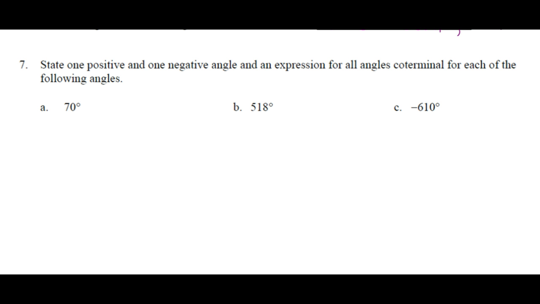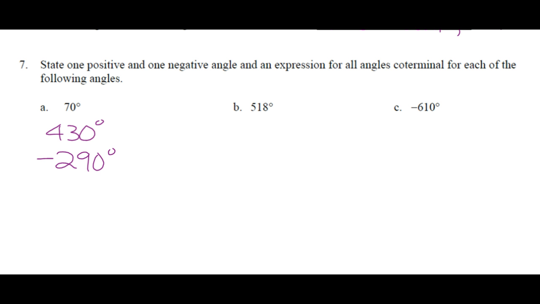State one positive and one negative angle and an expression for all angles coterminal for each of the following angles. Okay, so we want a positive angle. What would a positive angle be? It just says state. We don't need to show any work. There's a positive angle, 430. What would a negative angle be? Negative 290.